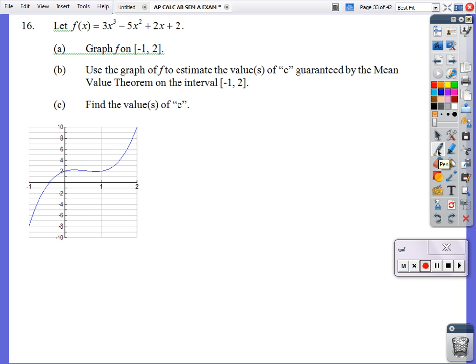So if I'm guaranteeing the mean value theorem, it means that at x equal to -1 and at x equal to 2, if I connect the 2 points with a line, hopefully somewhat of a straight line. Let's try that one more time.